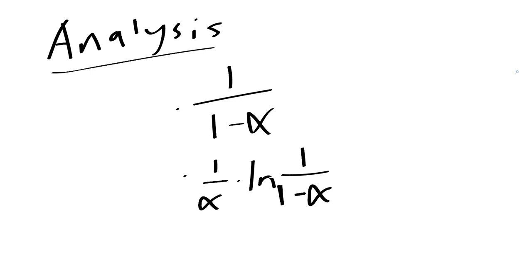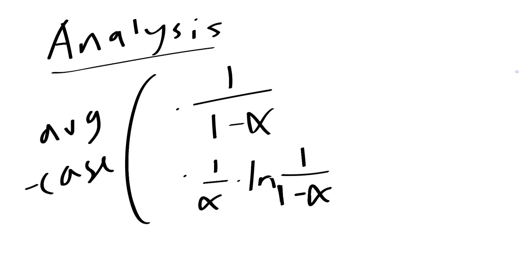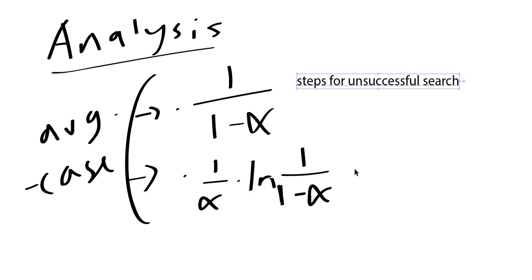And these are both on average case. So this is the number of steps for unsuccessful search, and this one right here, the steps for successful search, and both of these once again are average case.